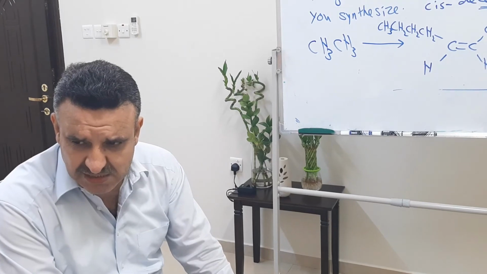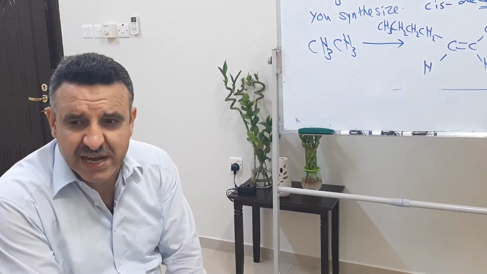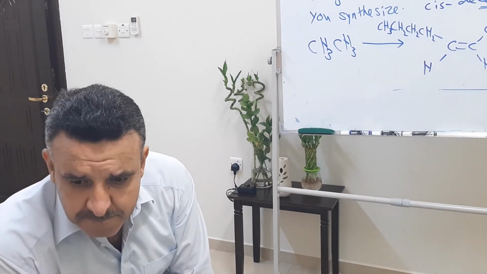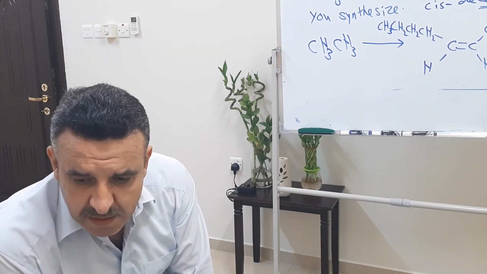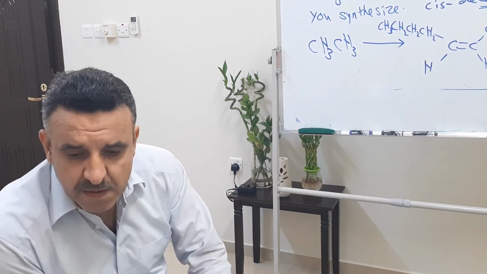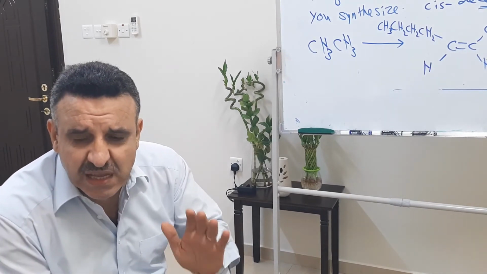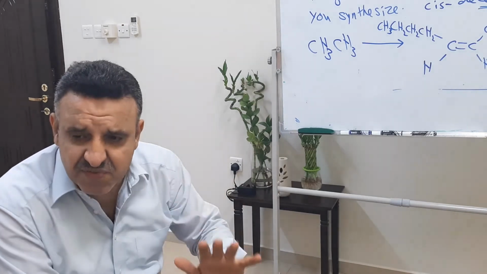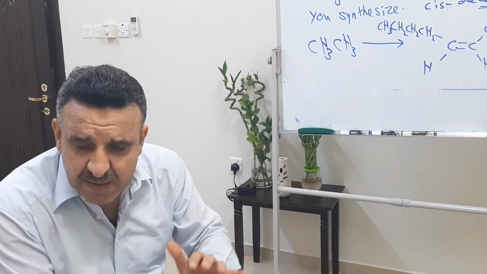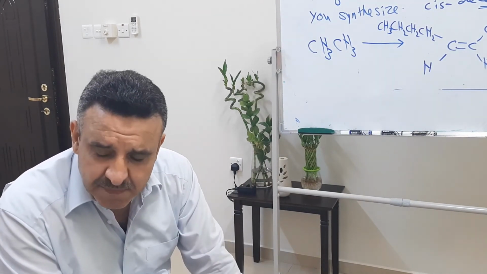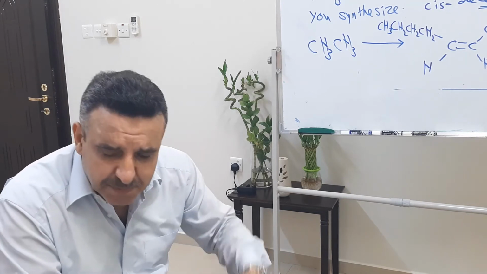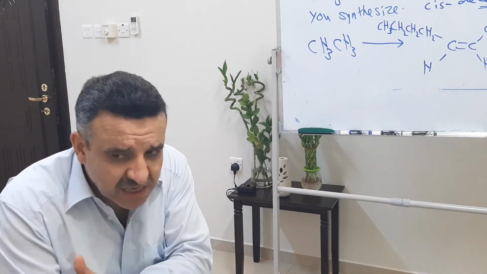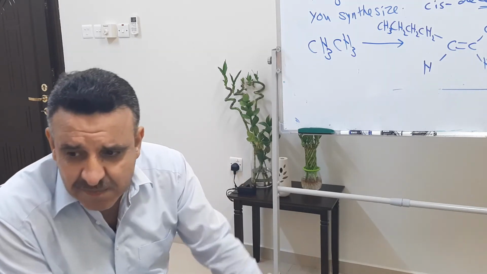You forgot, guys? What was the reaction? The last reaction. I'm sorry? The last reaction, because the number of carbons is increased. No, forget that. I'm just asking you here. What reaction can give you specifically a cis alkene? Not trans, not anything else, just cis alkene.